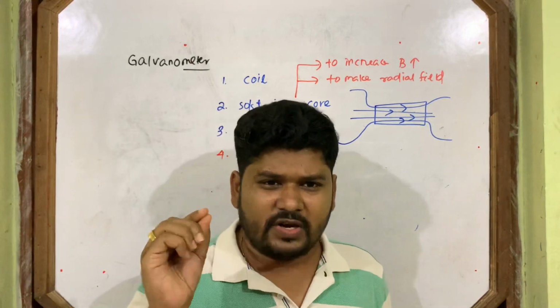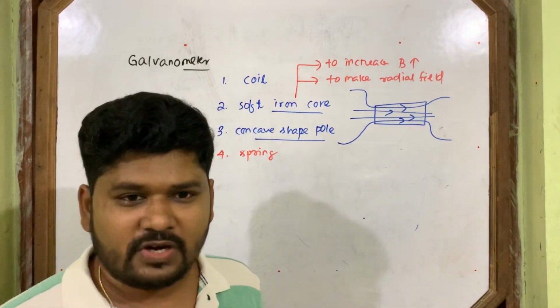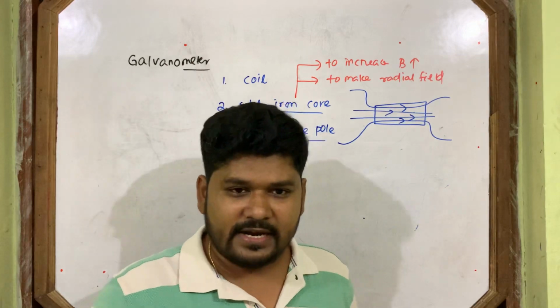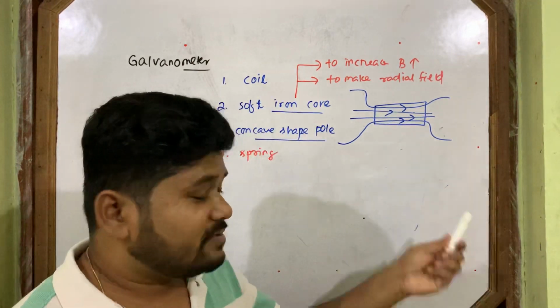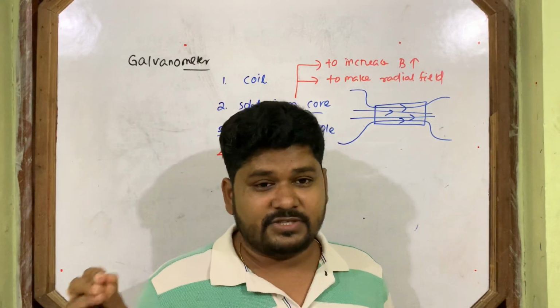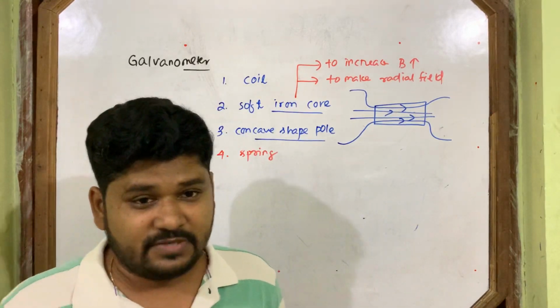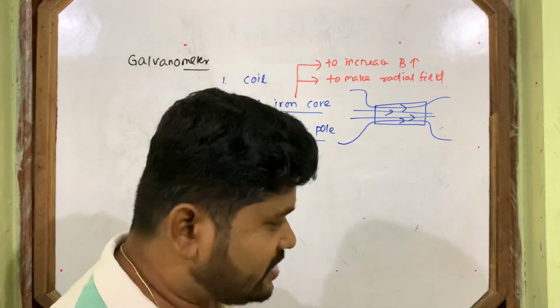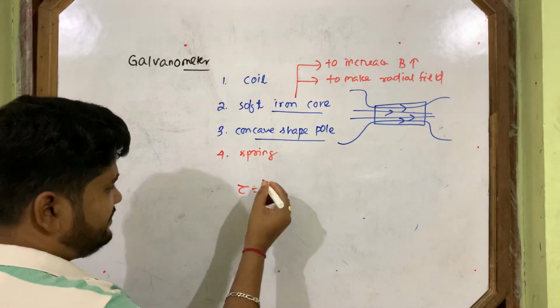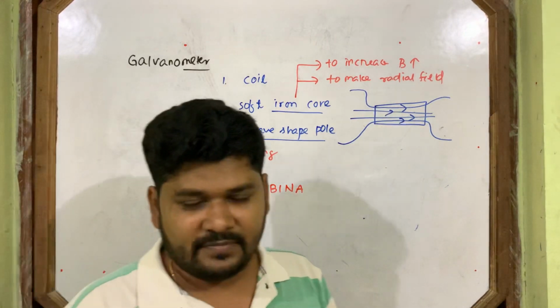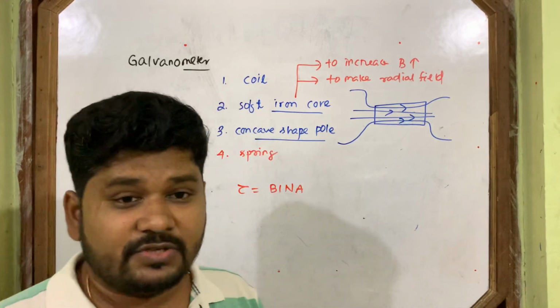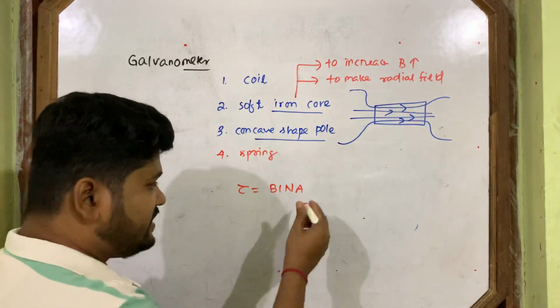Even for a small current, that coil deflects very easily, because I told you the number of turns is more, theta is 0 to get maximum torque, and the field is radial, so the coil deflects easily. The deflecting torque tau is equal to NIBA cos theta.